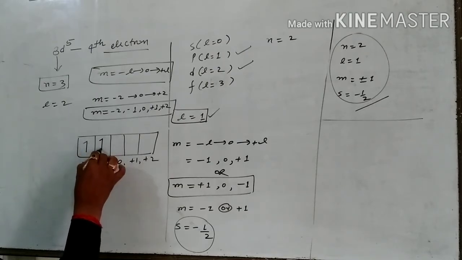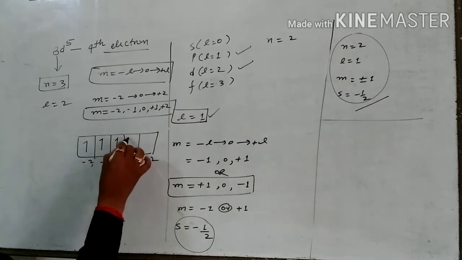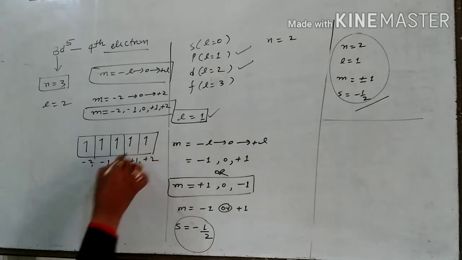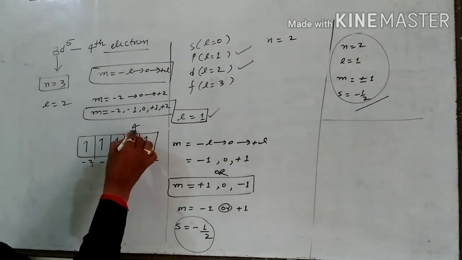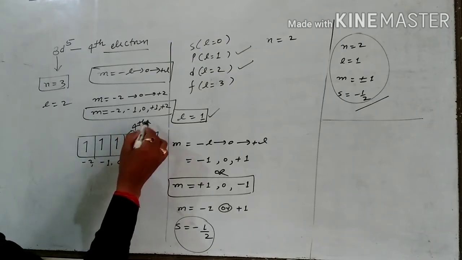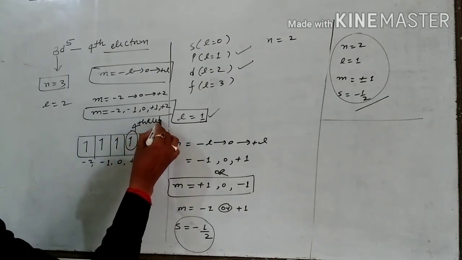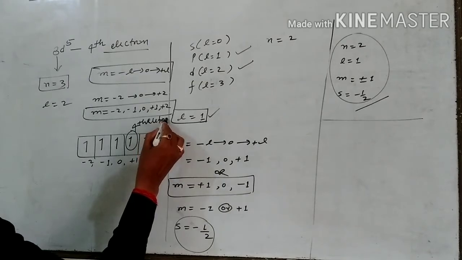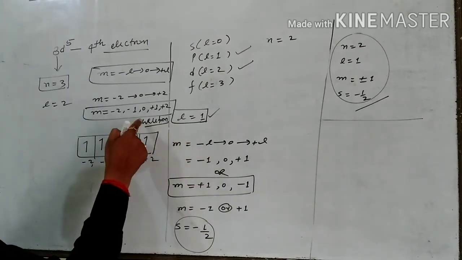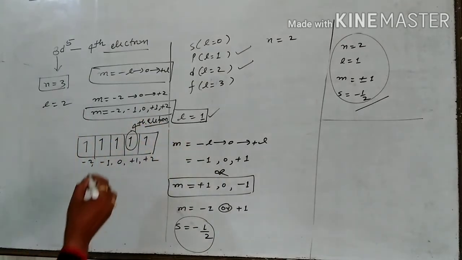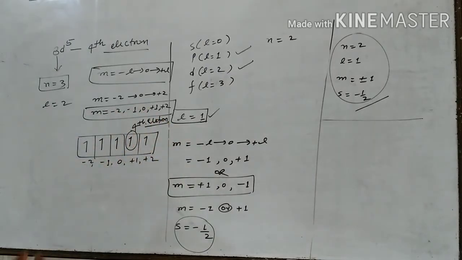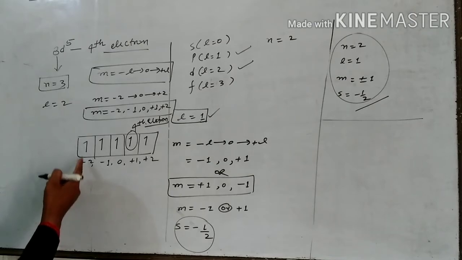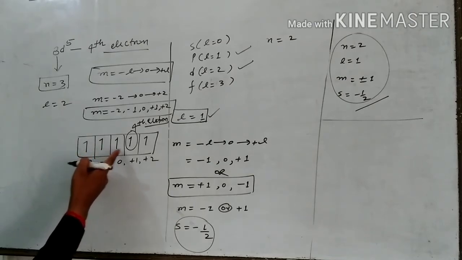After that you have to see the fourth electron. Fourth electron is this one, and for the fourth electron you are counting first, second, third, fourth.